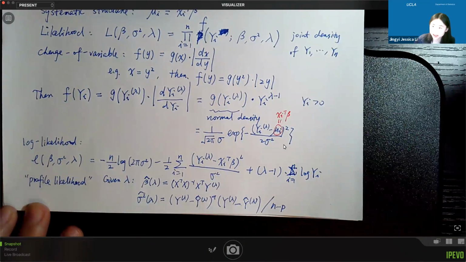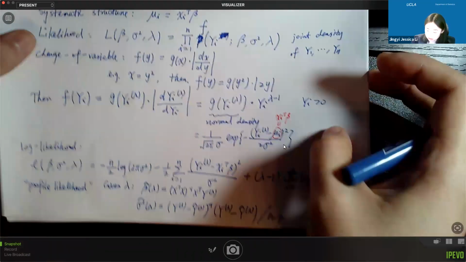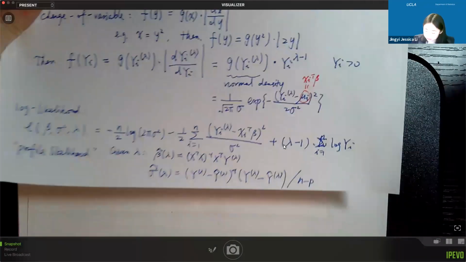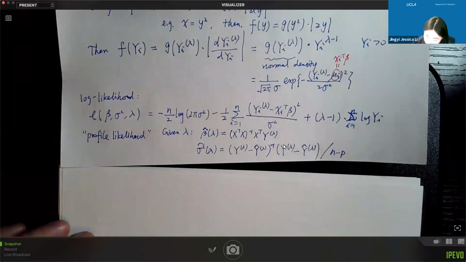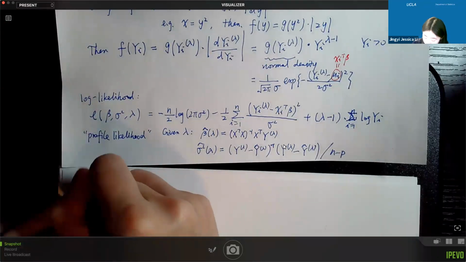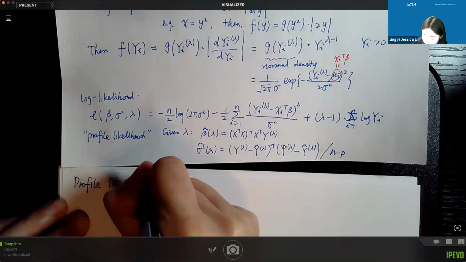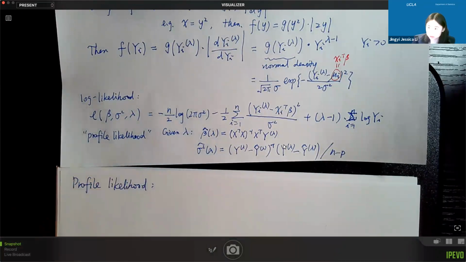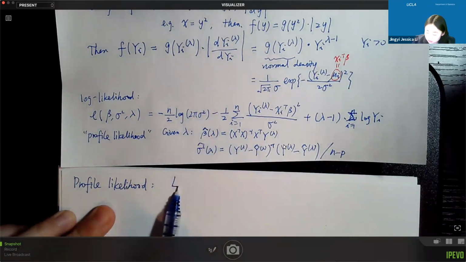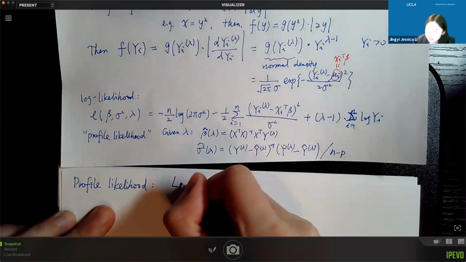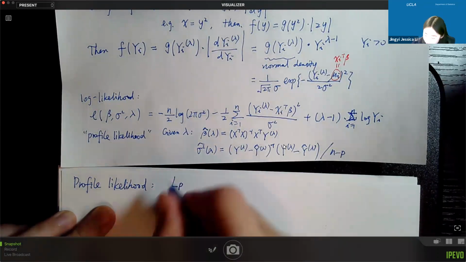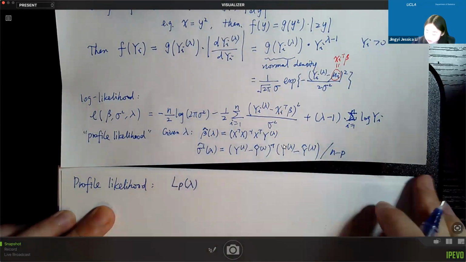Then I can obtain what I call the profile likelihood for lambda only. If you think from the name, that is what the word profile means: it's from just one angle. Usually we give it the notation L_P, where P stands for profile. Now we're only left with one parameter, lambda.